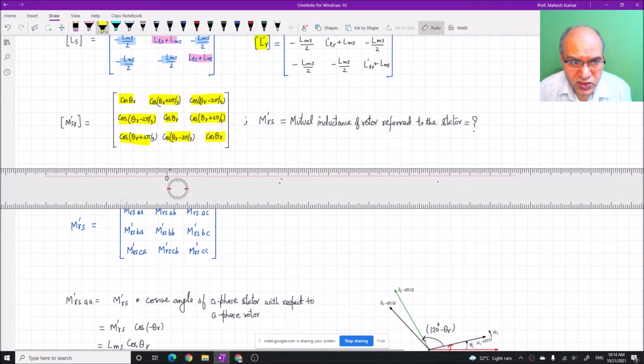We were in the process of finding M_rs prime, that is the mutual inductance of the rotor referred to the stator.